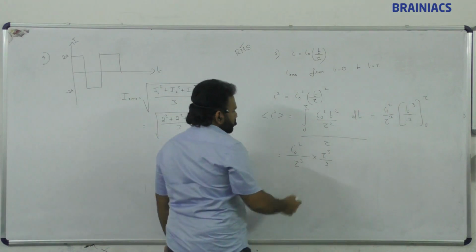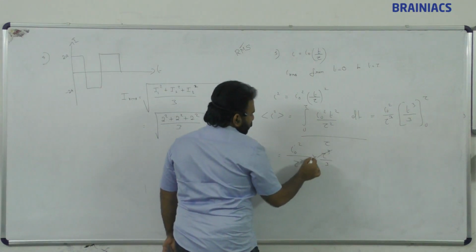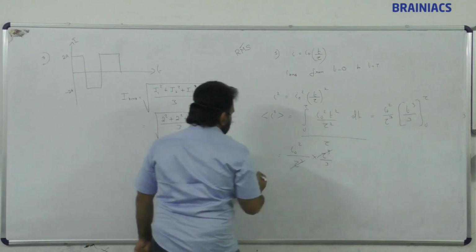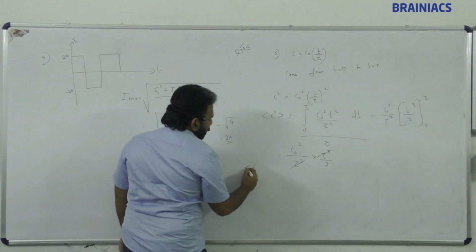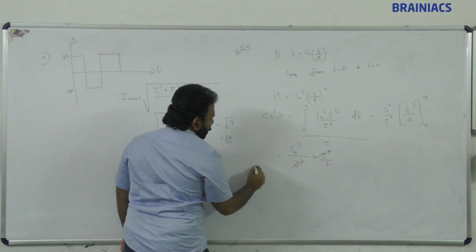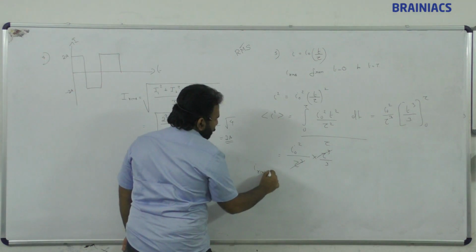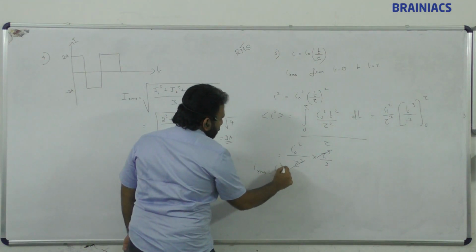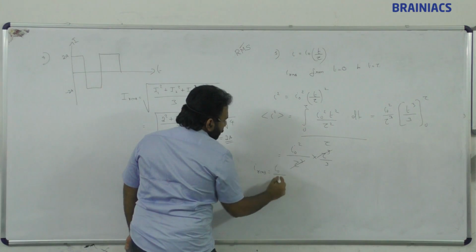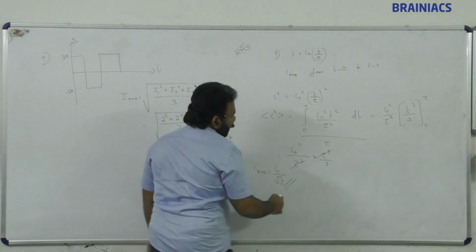This tau cube will be cancelled off. Finally the RMS value IRMS is equal to I naught by root 3.